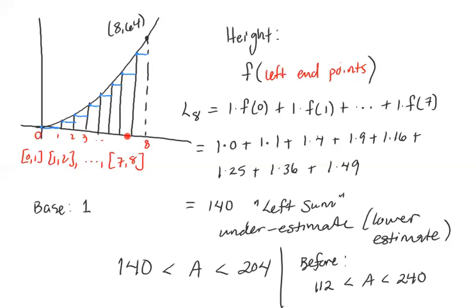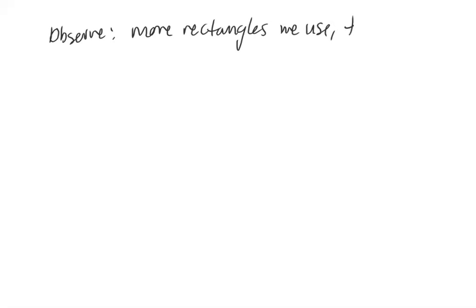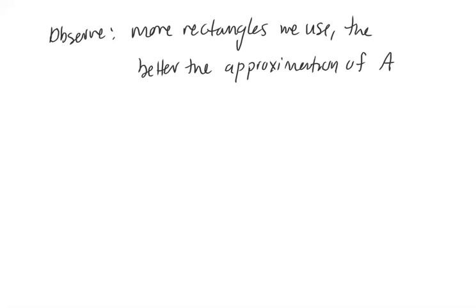Let me go ahead and write that in an informal way, but we can observe that the more rectangles we use, the better the approximation of the actual area A.